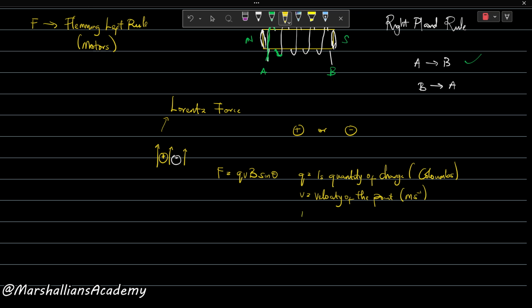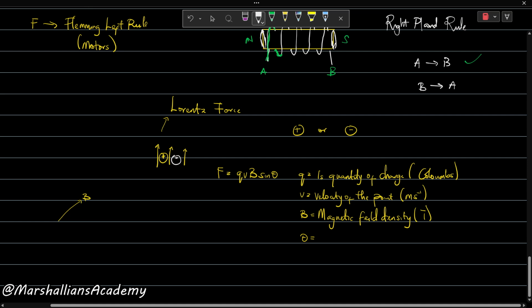And what is B? B is the magnetic field density, or you can call it magnetic flux density, still the same thing, which is going to be measured in Tesla. And the most important thing now is theta. What is theta? You have to be very careful here. Theta is the angle between the magnetic field and the movement of the point charge.